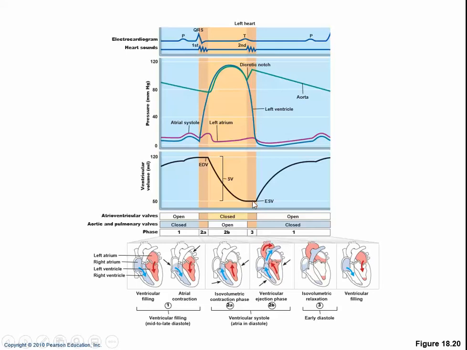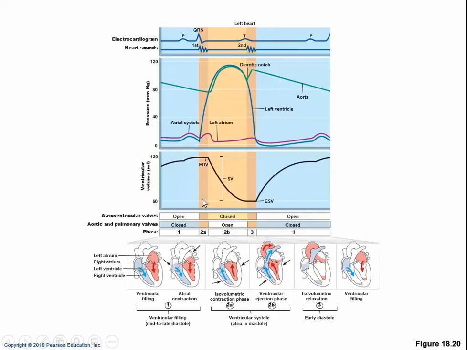Dub. Isovolumetric relaxation. And then right here is when the atrioventricular valve, the mitral valve, if it's the left, opens, and we have the passive filling coming to here. Atrial systole gives a little bit more to get to the end diastolic volume, and we start again.